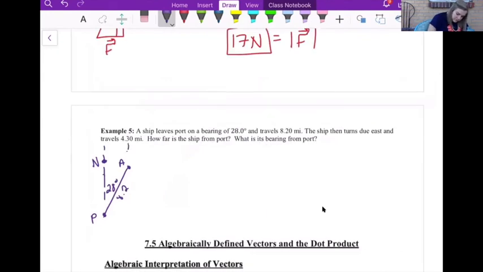So that means that from our north axis, this is 90 degrees, and goes 4.3 miles. And we want to know how far the ship is from port. So the first thing that we're looking for is side A.